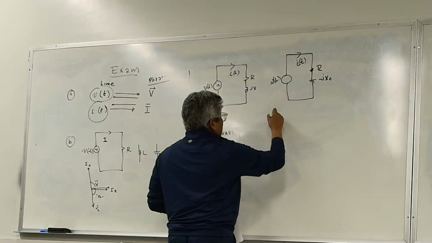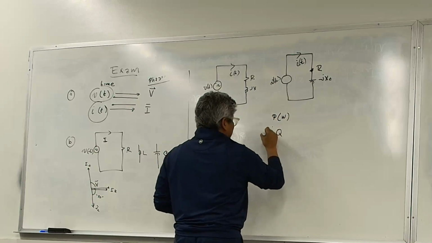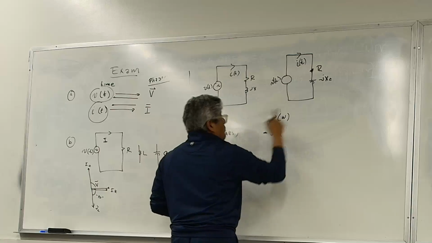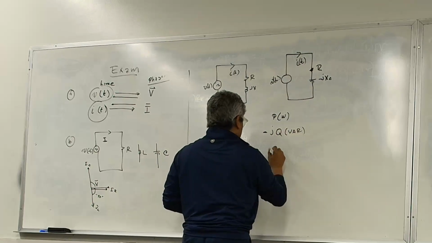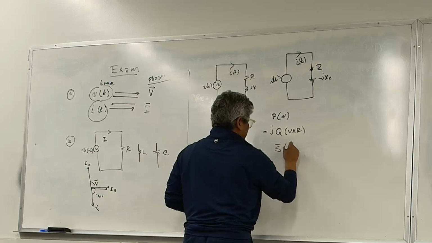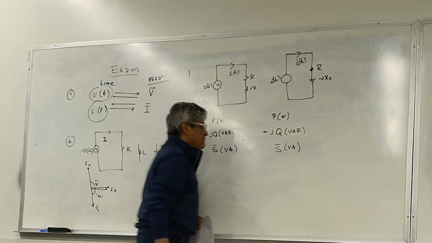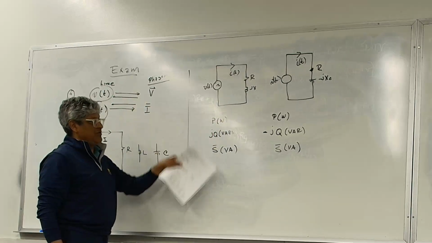You should be able to find the real power, and then the reactive power, remember, in this case is negative, right? So you're going to get negative VARs. This is VARs. And then you should be able to find S for that as well, in volt-amperes. Okay? So for any combination of circuits, you should be able to compute this.